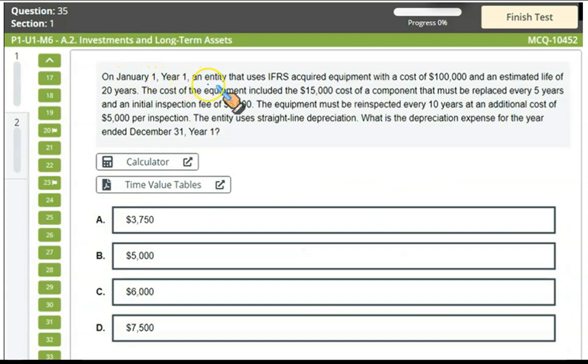On January 1st, year 1, an entity that uses IFRS acquired equipment with a cost of $100,000 and an estimated life of 20 years. The cost of equipment included a $15,000 cost of a component that must be replaced every 5 years.